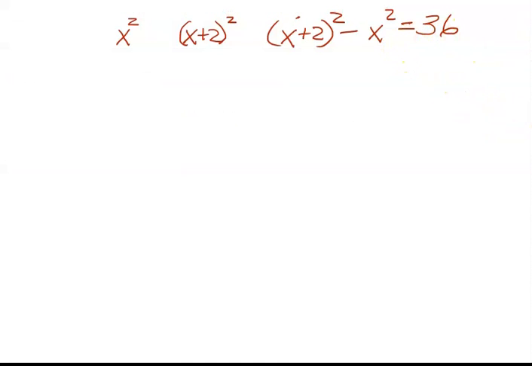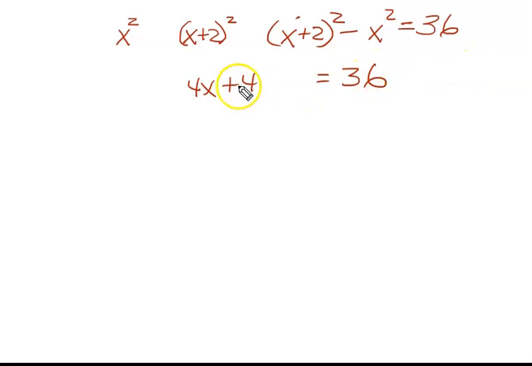Well, to do so, we have to expand this binomial. I'll write it over here. x squared plus 4x plus 4 minus x squared equals 36. Oh, this is going to be actually a tad easy because our x squares cancel out here, and we get this.